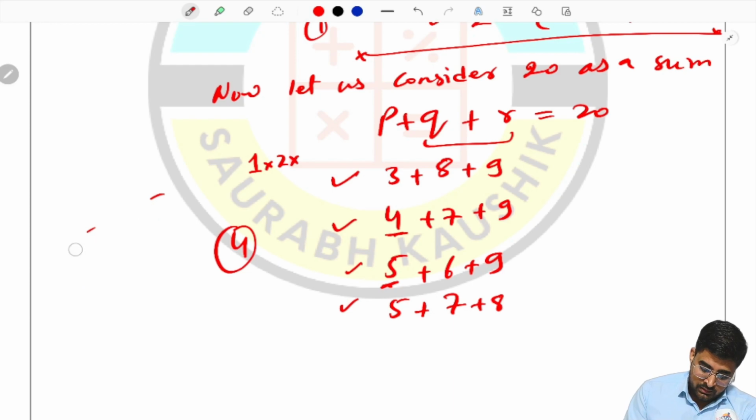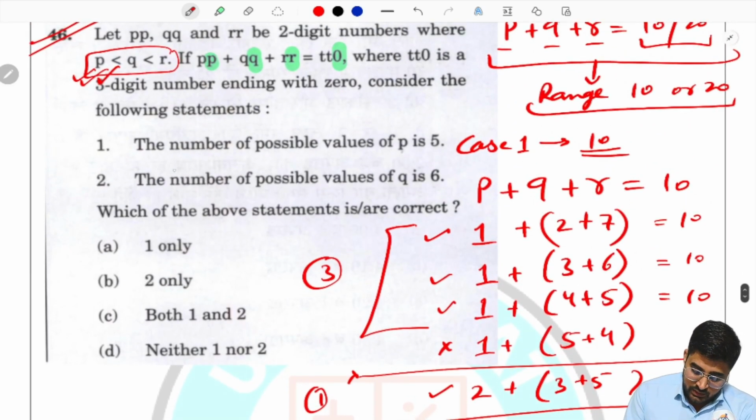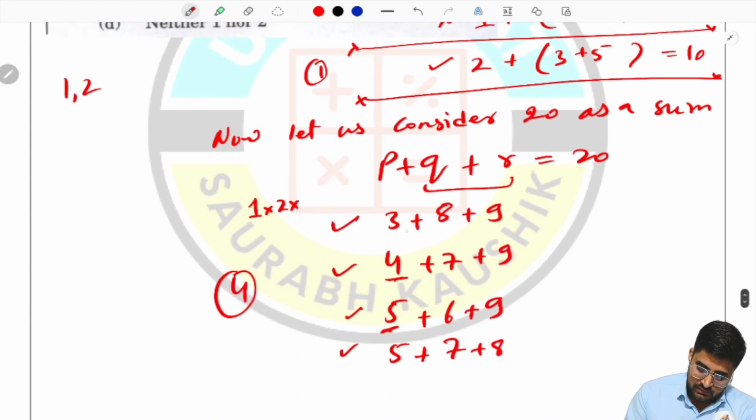Okay. Now let us see the number of possible values for p. Here we take 1, here 2, means a single digit. 1, 2 is possible, 3 is possible, 4 is possible, and 5 is possible.